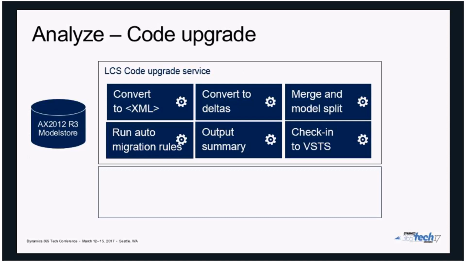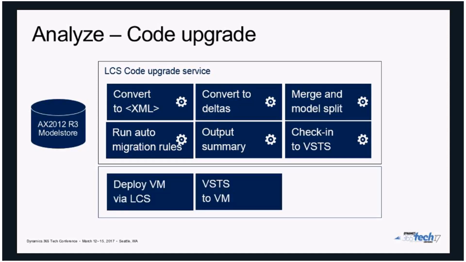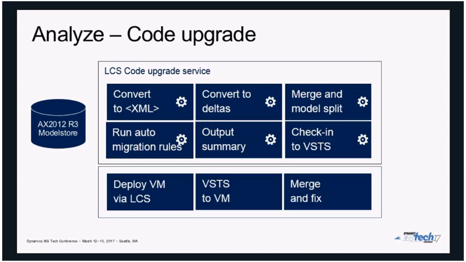It automatically splits the existing code base across the multiple packages that we currently have in Dynamics 365. It runs auto migration rules, auto migrating some of the components for you, and the resulting code base is checked in into your Visual Studio Team Services. So that is the automated part within the LCS code upgrade service.